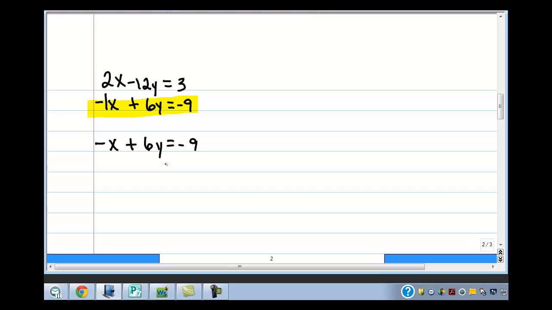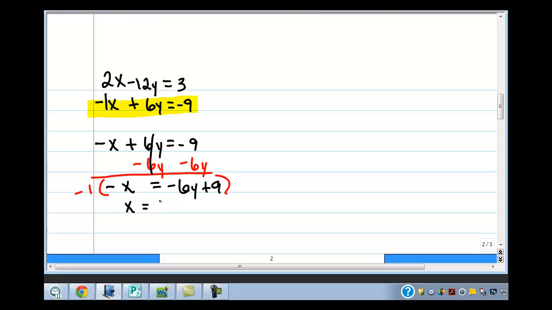Subtract 6y from both sides, and we get negative x is equal to negative 6y plus 9. I still have a negative 1 in front, so we are going to multiply the whole equation by negative 1. So we get x equals 6y minus 9. The original equation has a negative 9, so we're going to get x equals 6y plus 9.